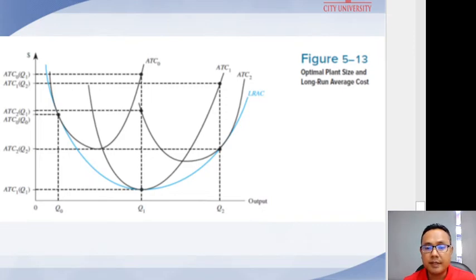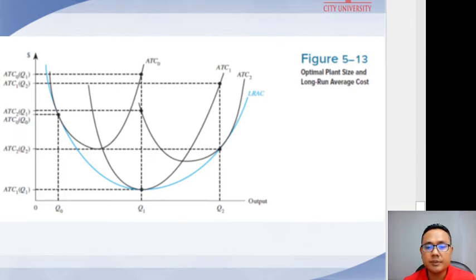So notice that the curve labeled ATC1 is itself a short run average cost curve based on the new level of fixed cost, selected to minimize the cost of producing Q1.